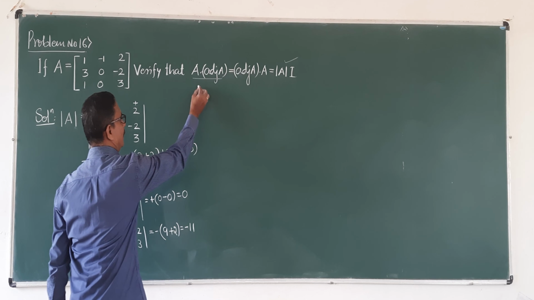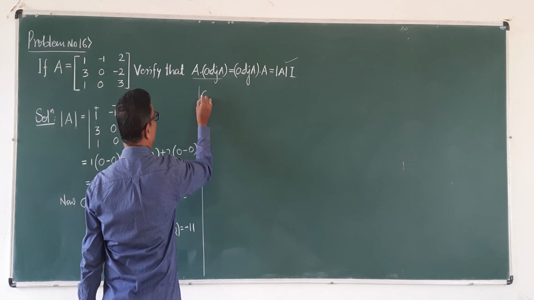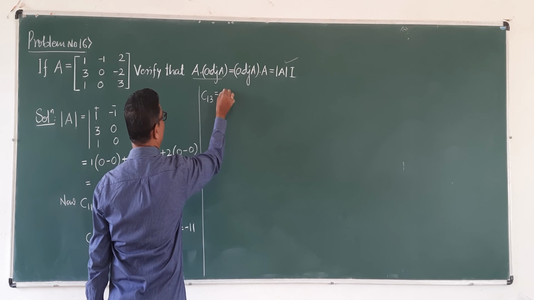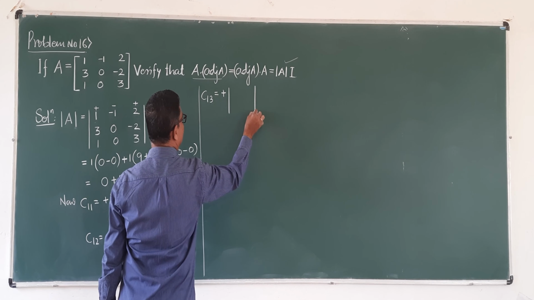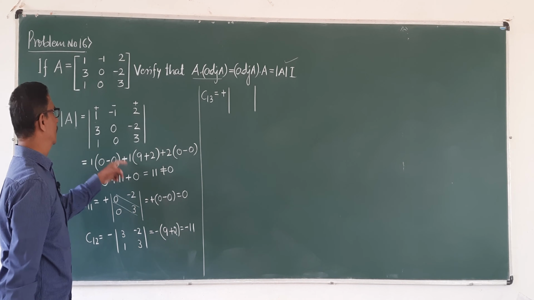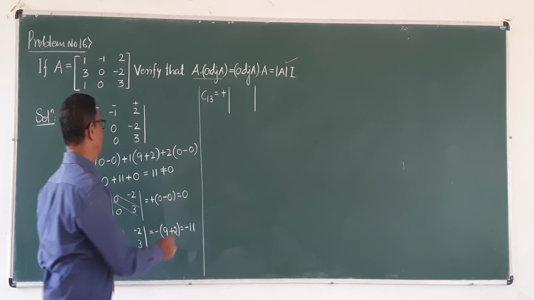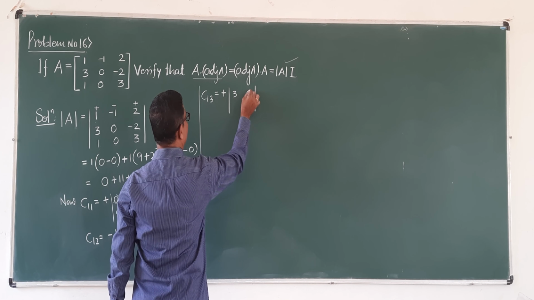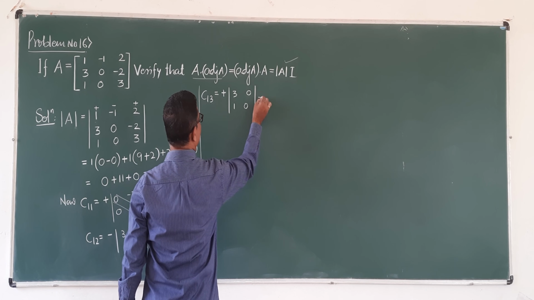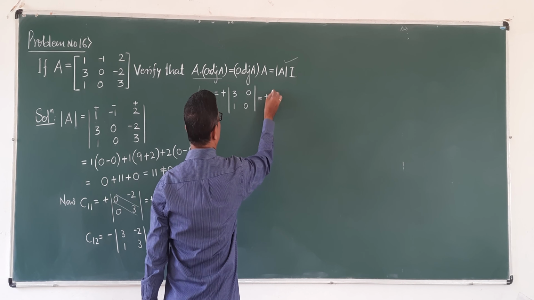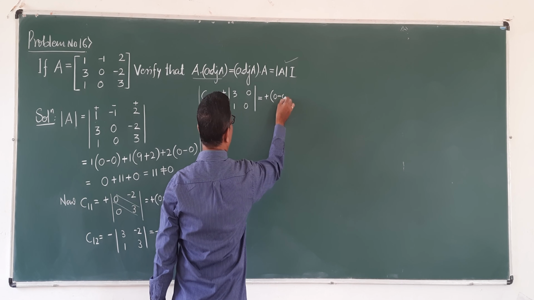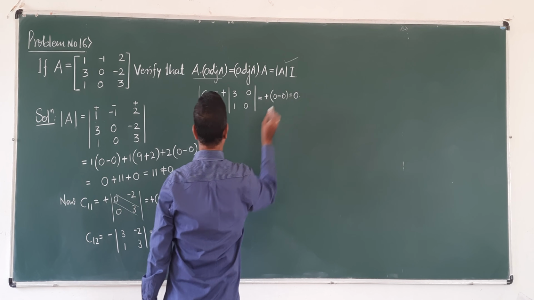Next C13: 1 plus 3 is 4, even, so plus. Deleting the first row and third column, 3 into 0 minus 1 into 0 is 0.